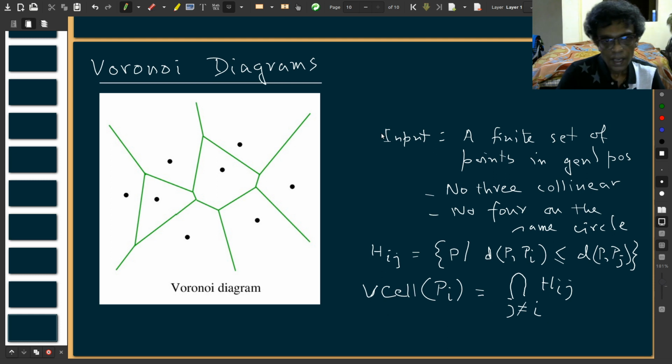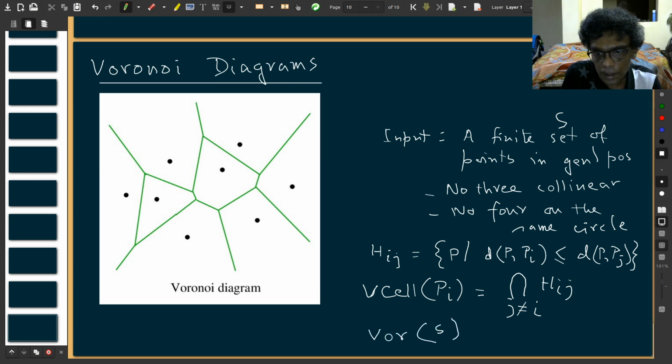And if the finite set is called S, then the Voronoi diagram of S is a specification of these cells of the Pi, which edges appear. So, this edge, this edge, this edge, and so on. It is a complete specification of these Voronoi cells by specifying these edges, finite and infinite.